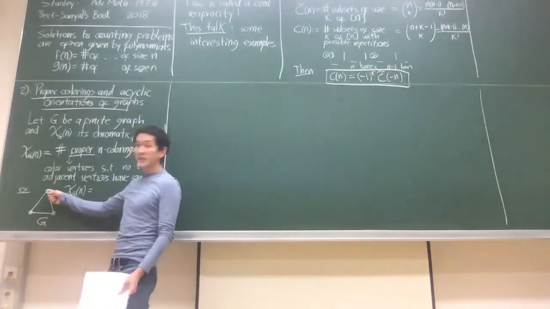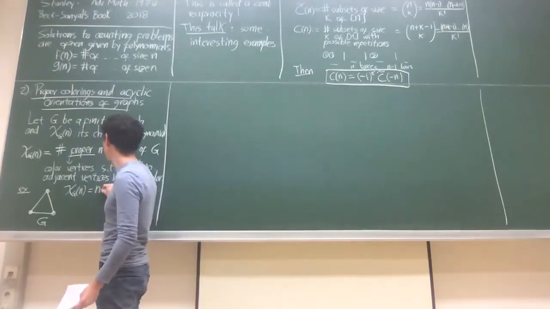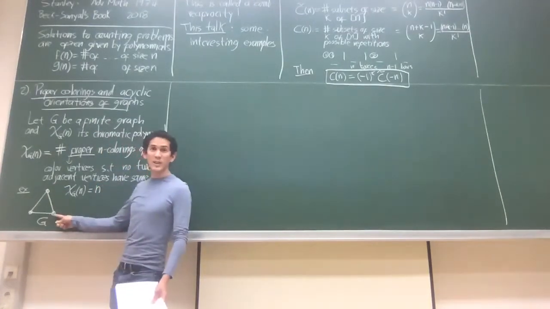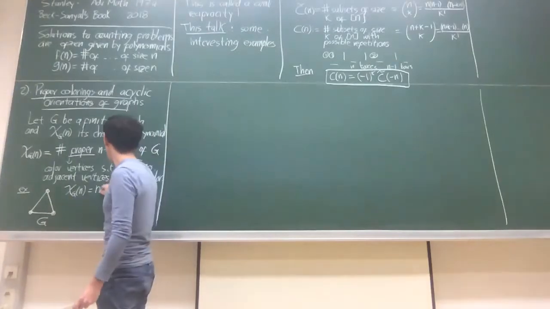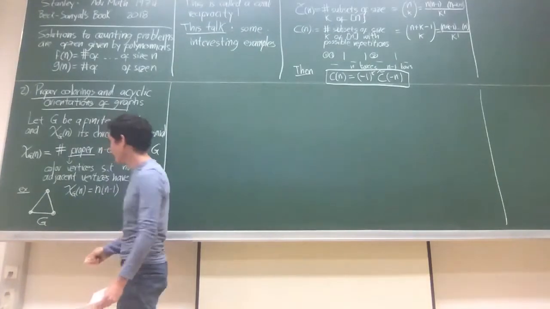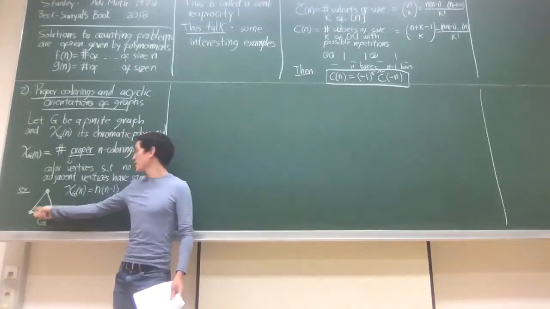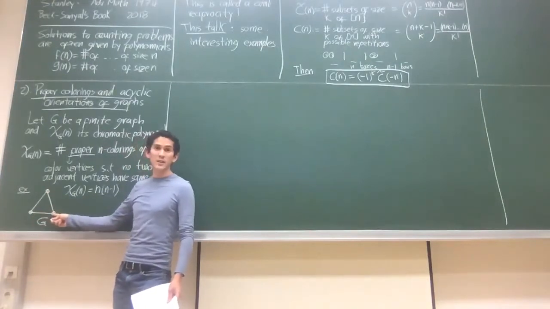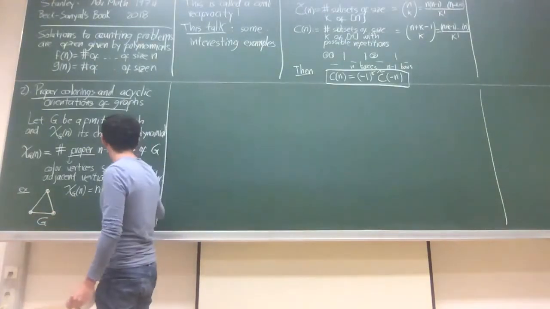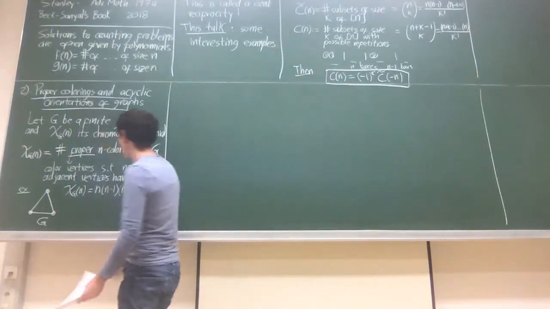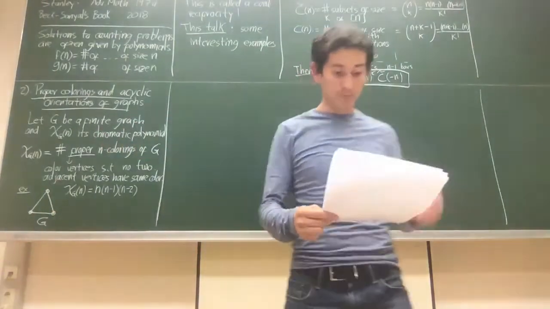For the first one, I have n possibilities. The second one cannot be equal to the first, so I have only n minus 1 possibilities. And the third one cannot be equal to the first or the second, so I have only n minus 2 possibilities. This is my polynomial.